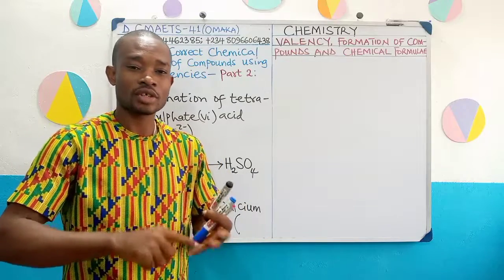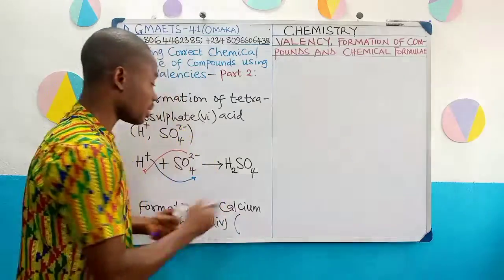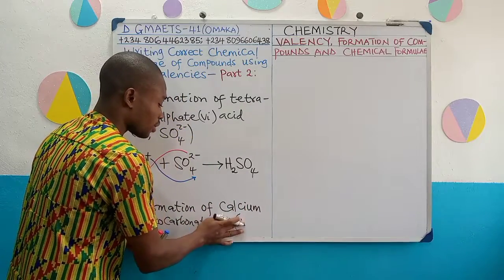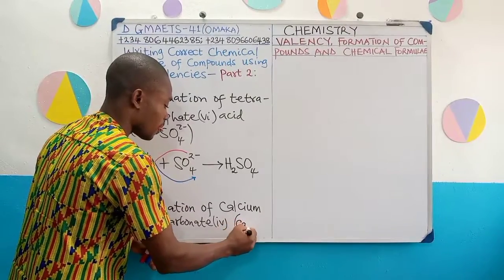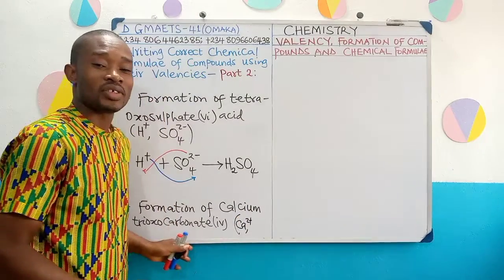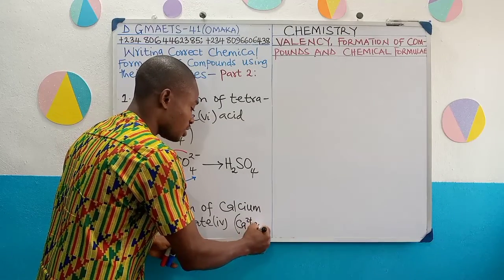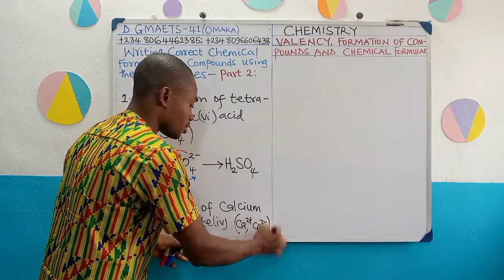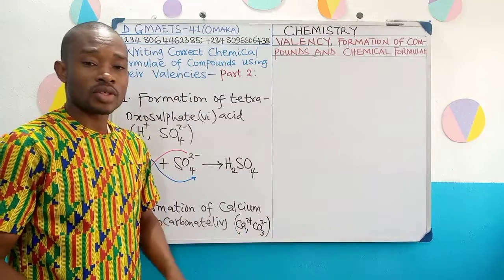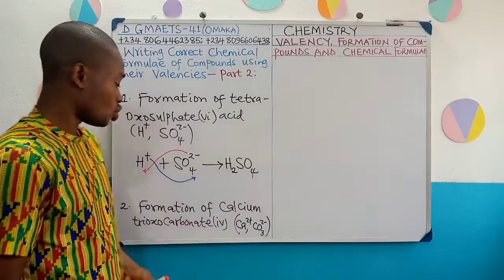So you heard calcium, you heard oxo, you heard carbonate. That carbonate is carbon. So it contains calcium, Ca. Is that okay? And of course, calcium, the valency is 2+. We studied that previously. Then we have the CO3 2-. These are the ions present in that compound. The radical here is CO3 2-.